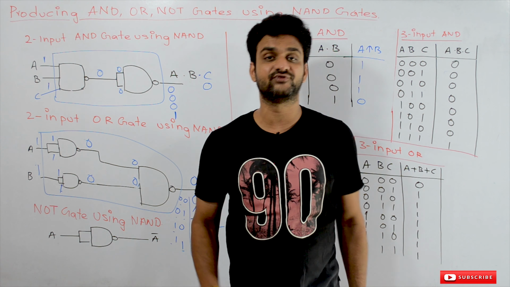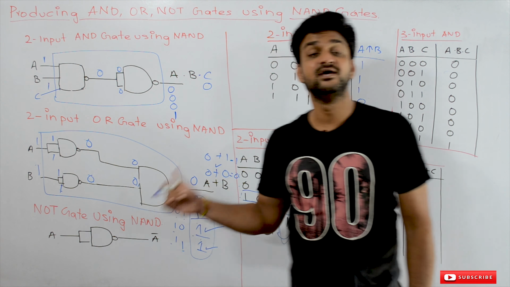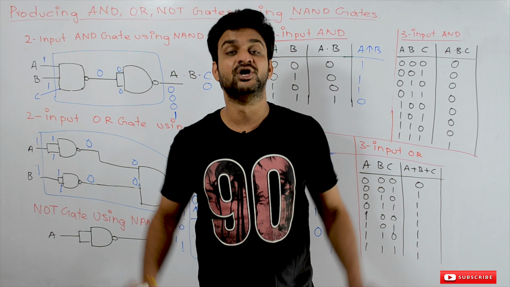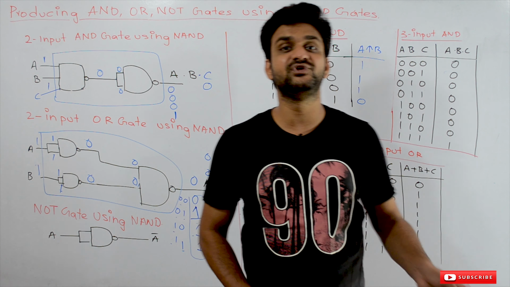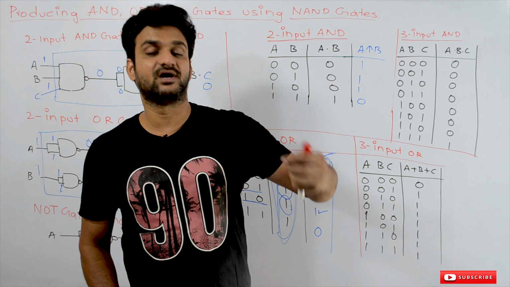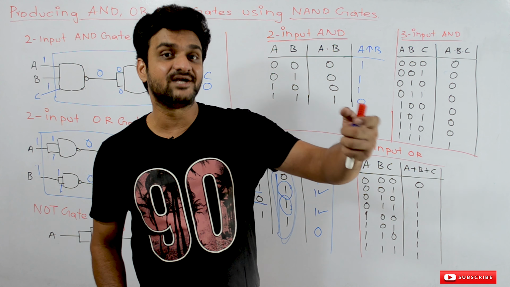That is the beauty of a NAND gate. That is the reason why NAND gates are called universal gates, and NOR gates are also called universal gates. Using NAND gates and NOR gates we can create AND, OR and NOT gates.